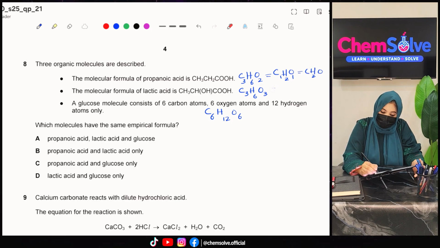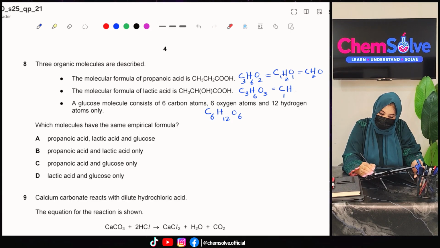This one is C1H2O1 as well. It has CH2O as well.